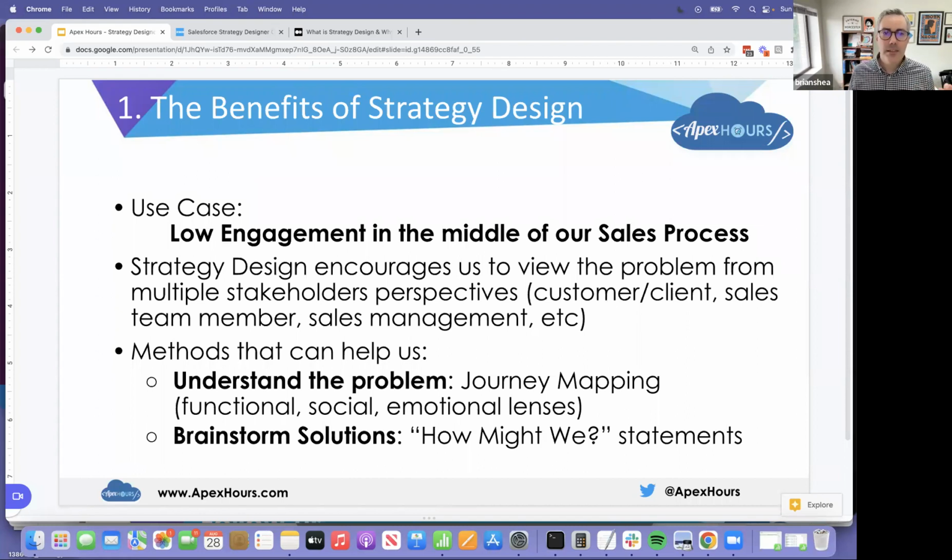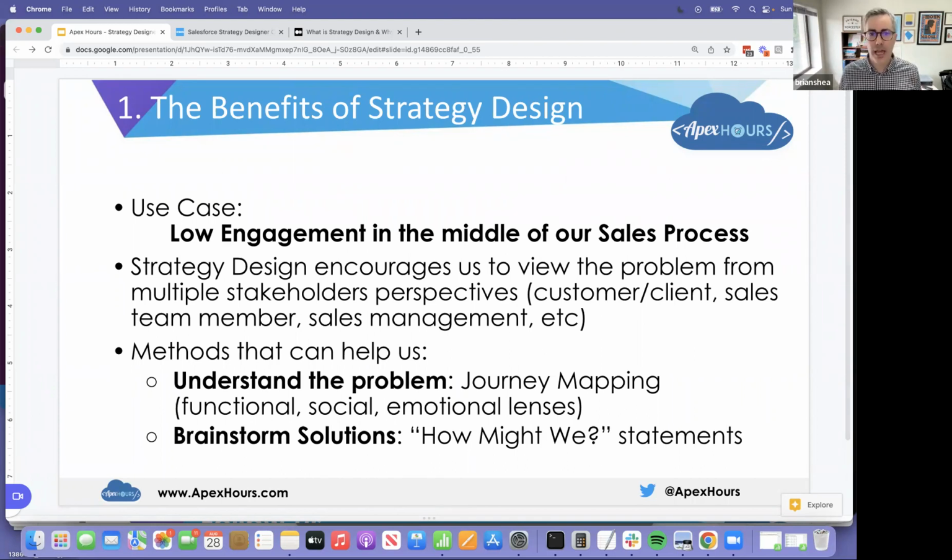The first thing that we talked about is that strategy design encourages us to view this problem from multiple stakeholders' perspectives. So we're not just looking at it from the perspective of us as salespeople or from our company's perspective. We're also looking at it from the perspective of our customers, or our clients or prospective clients, from the perspective of sales team members who might be working on this sales process, from sales management.